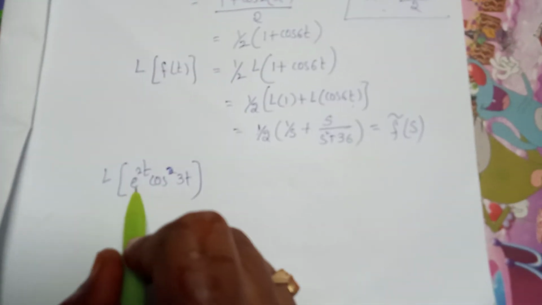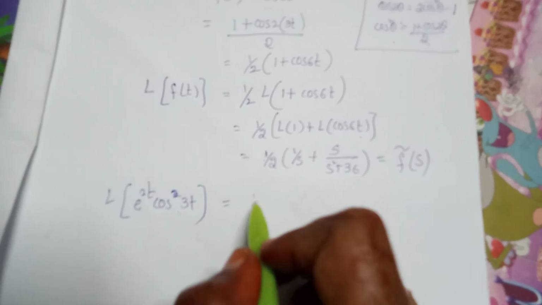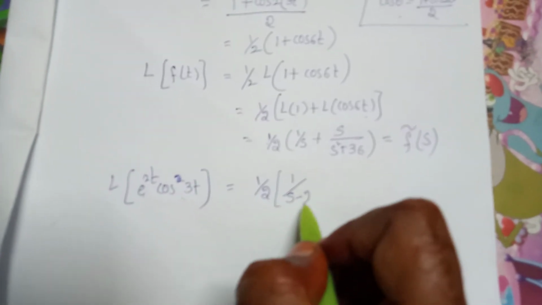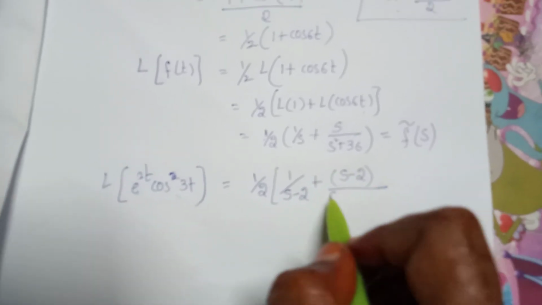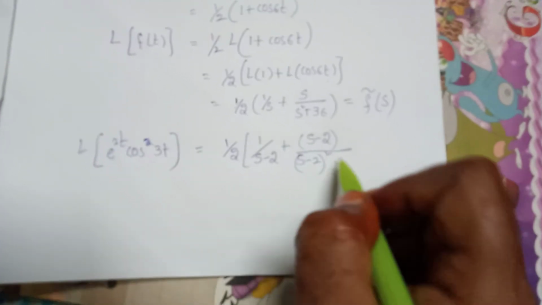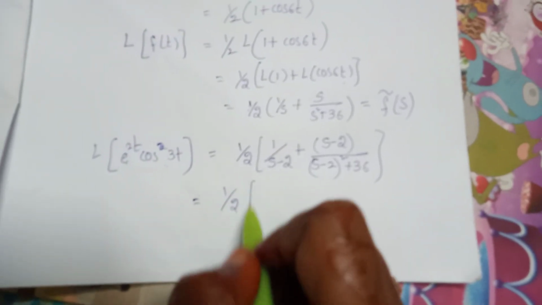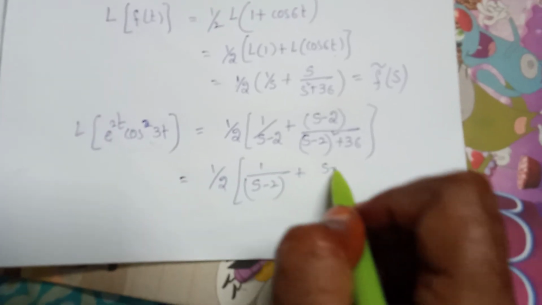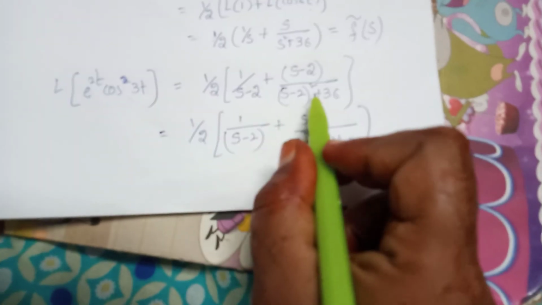L of e power at into f of t is f bar of s minus a. You replace s by s minus a, that means s minus 2. That gives 1 by 2 into (1 by s minus 2 plus s minus 2 by s square minus 4s plus 40), after expanding the a minus b whole square.